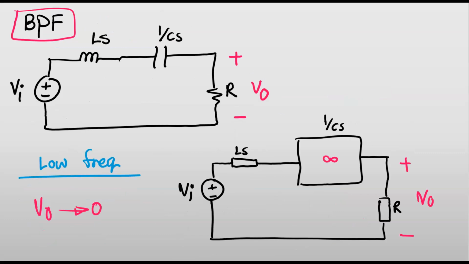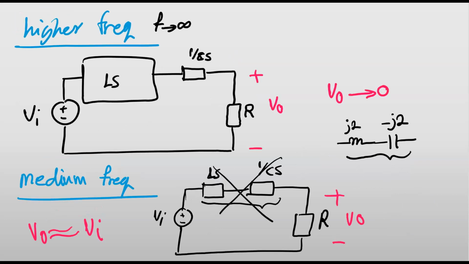Same thing for the low frequency: all the voltage will drop across the capacitor, and the resistor won't have a big portion of the input voltage. But in medium frequency, the inductor and capacitor have impedance in the same range, so they can cancel out a main portion of each other's impedance. So most of the input voltage will drop across the resistor.